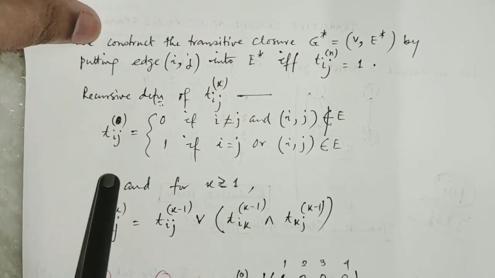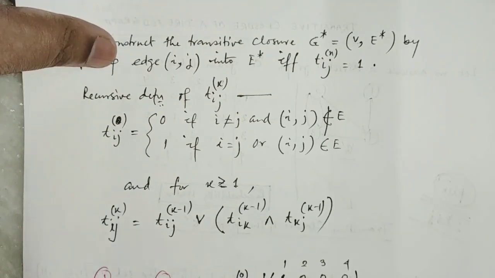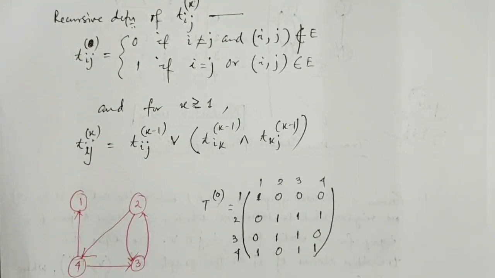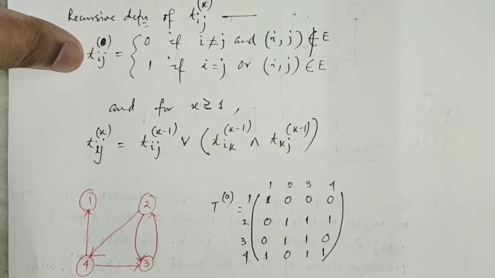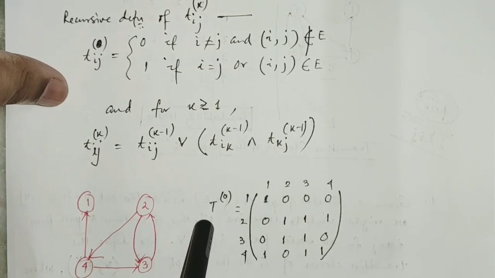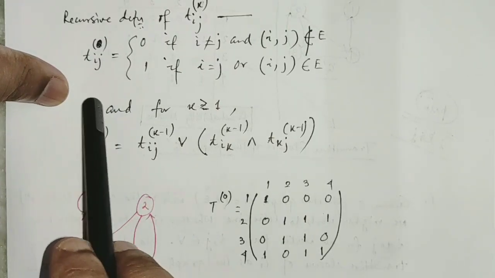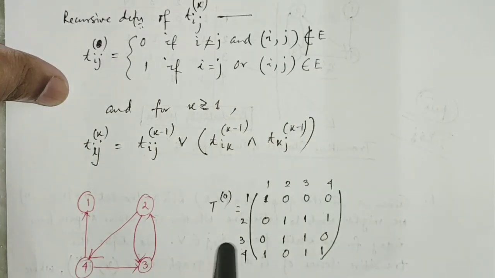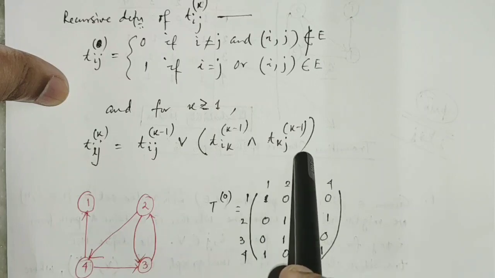Again I am telling, T of i j is the entry, and we will give the name of the matrix in capital T, where the entries are T of 1 1, 1 2, 1 3. Now take the same graph I am taking. Initially we will calculate T0. This is the i row, this is the j column.